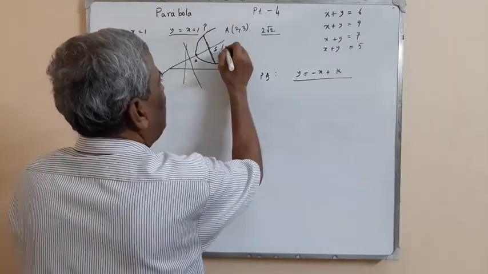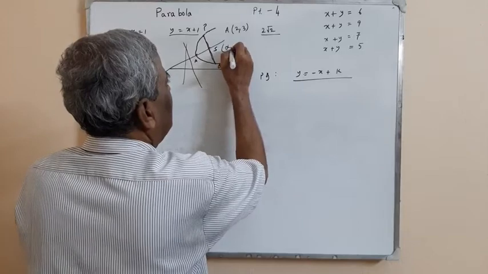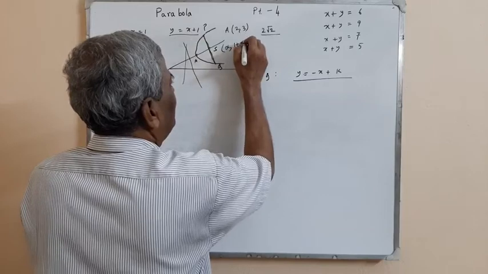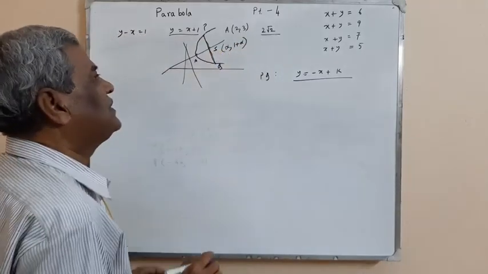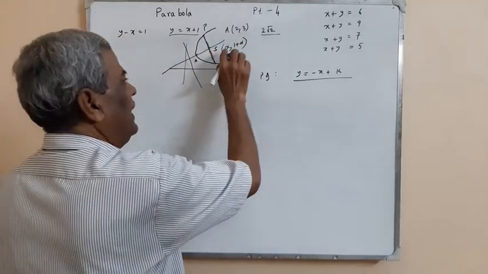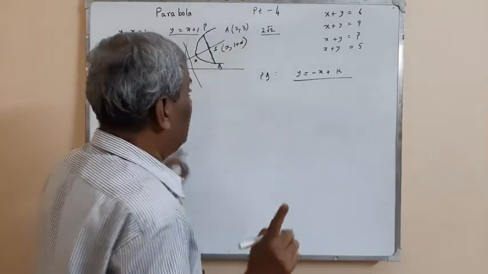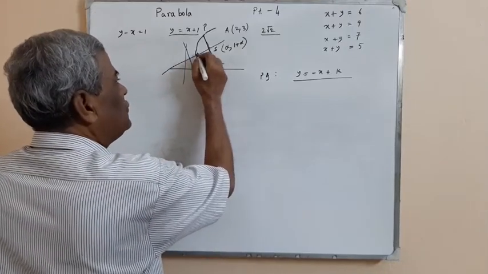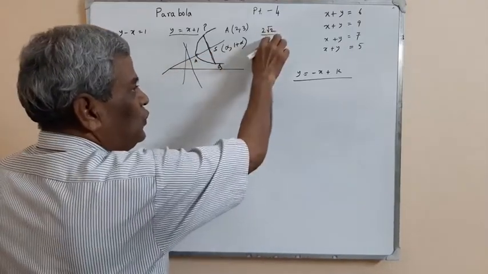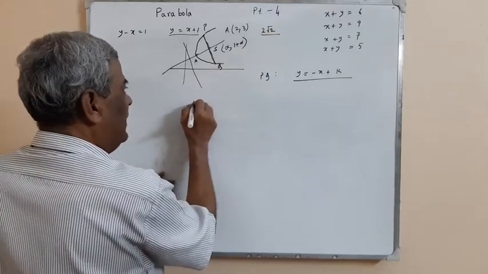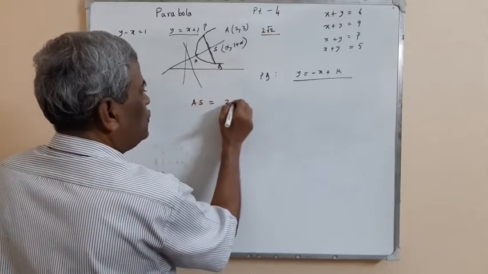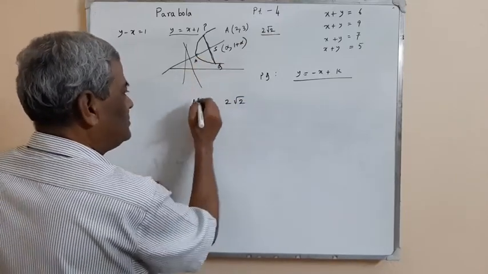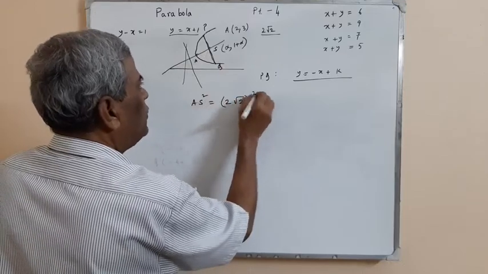Any point means x is equal to say alpha, then y will be alpha plus 1. So focus has coordinates alpha, 1 plus alpha, for all values of alpha. So one condition is that this length, AS, is 2√2. That is, AS whole square is equal to 2√2 whole square.